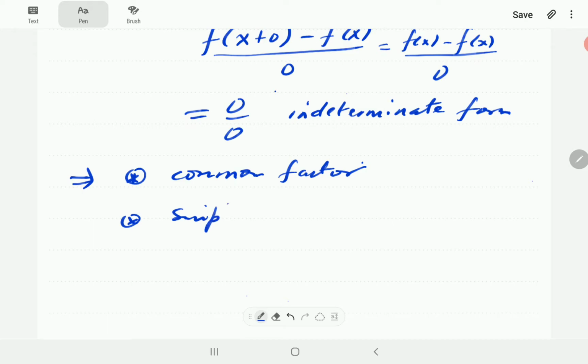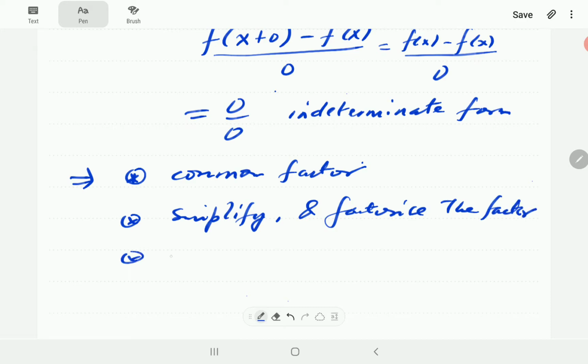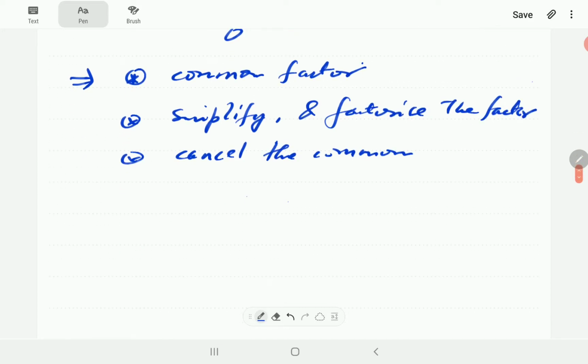Okay, simplify and factorize the common factor, and then after that we cancel out the common factor, and then once we've cancelled out the common factor, we are going to substitute directly.